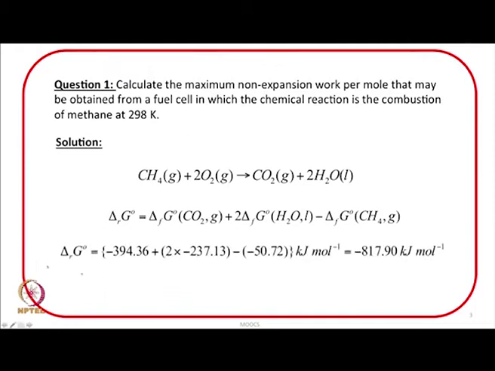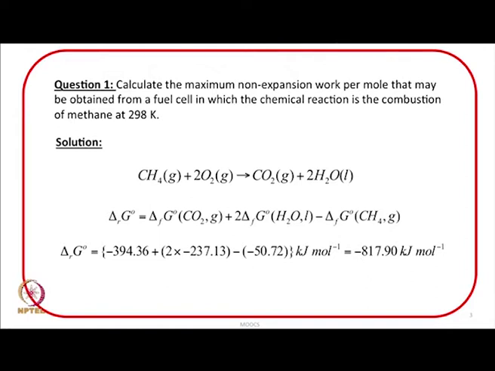And using the free energy of formation data, which is for carbon dioxide minus 394.36, for water liquid minus 237.13, and for methane gas minus 50.72, and by this addition and subtraction we find out that the overall value of reaction Gibbs energy is minus 817.9 kilojoules per mole.